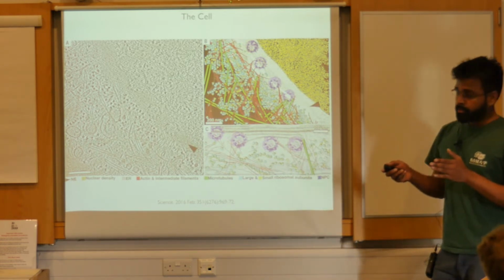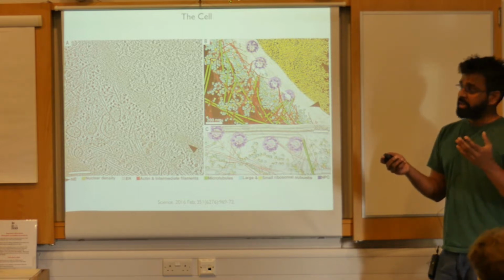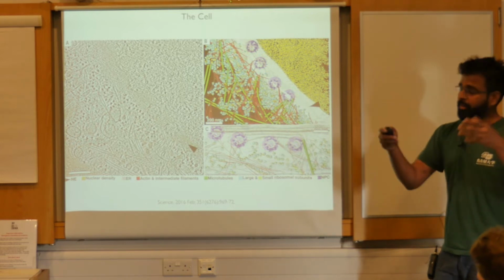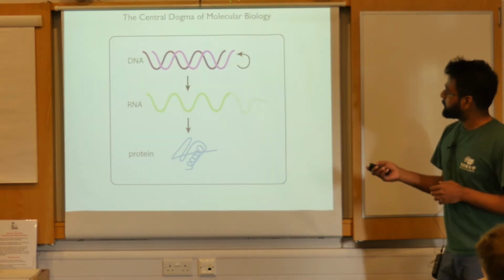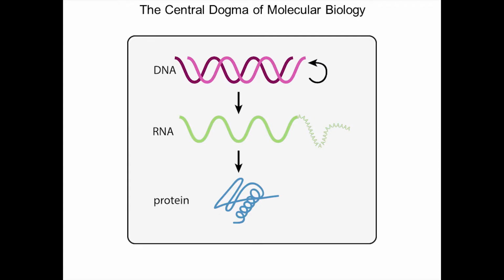So in the next few minutes, I'm going to be introducing a machine that I'm interested in, and my research is about understanding how that machine works. Before that, I would highlight the central dogma of molecular biology, where the DNA present inside the cell gets transcribed into another molecule called the RNA, and this RNA is then translated into proteins.